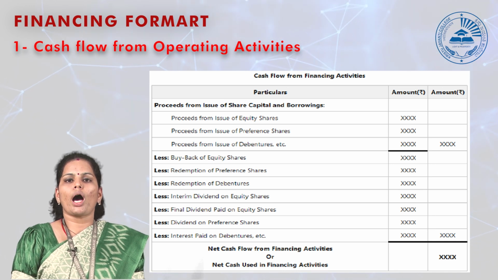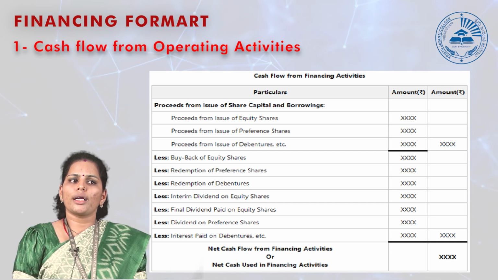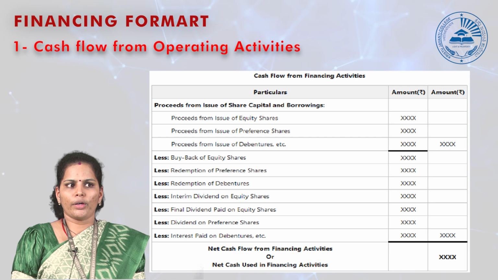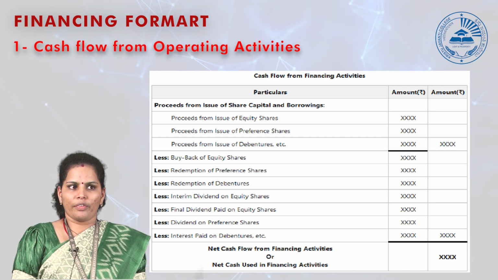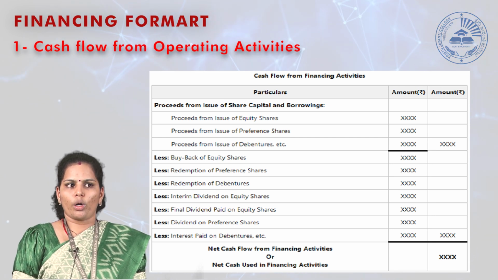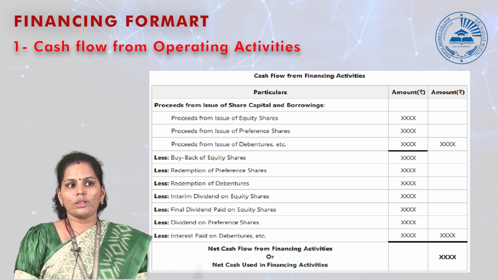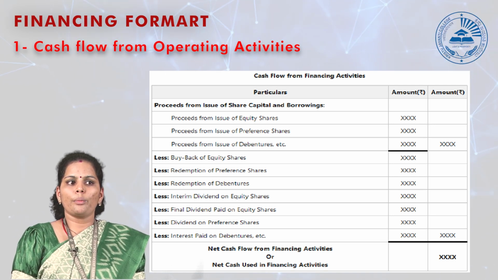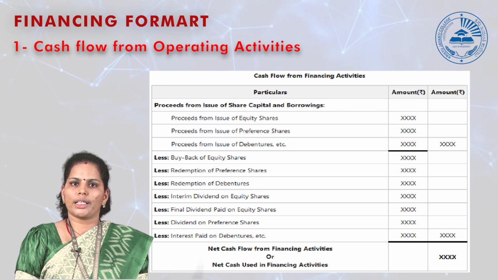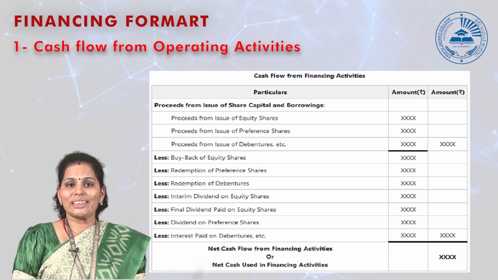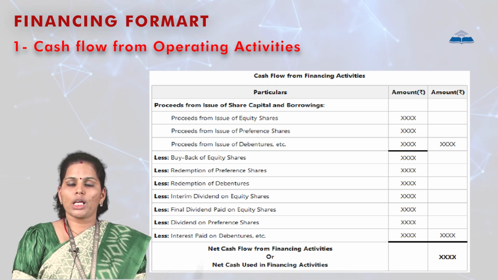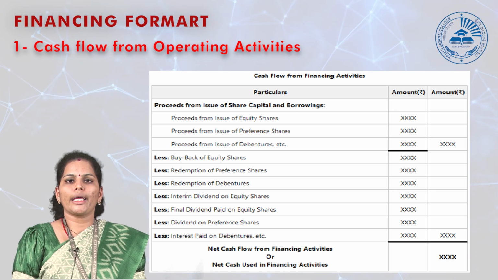What will come under non-cash items? For example, depreciation on fixed asset, interest on borrowing, preliminary expenses, goodwill written off, loss on sale of machinery, premium payable on redemption of preference shares or debenture. These are all the non-cash or non-operating items.